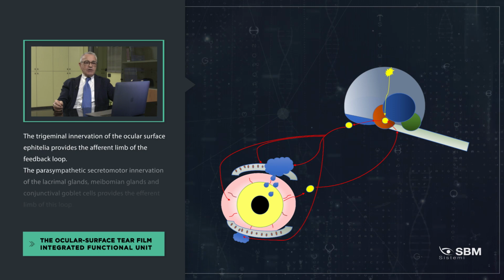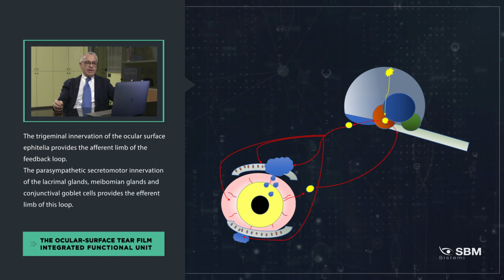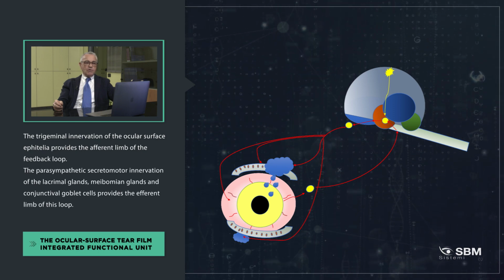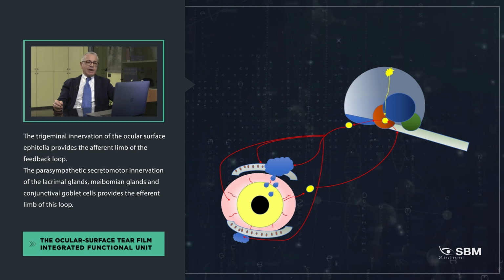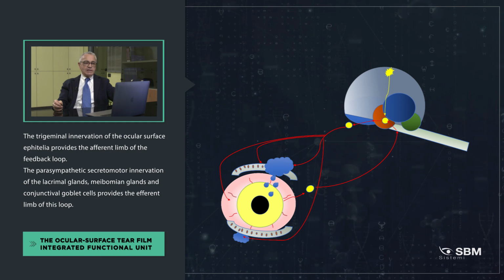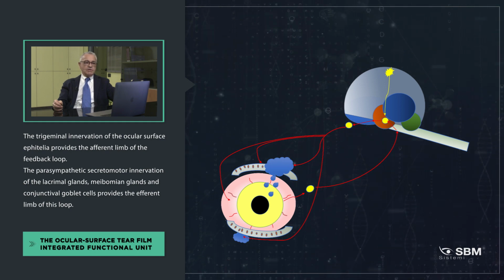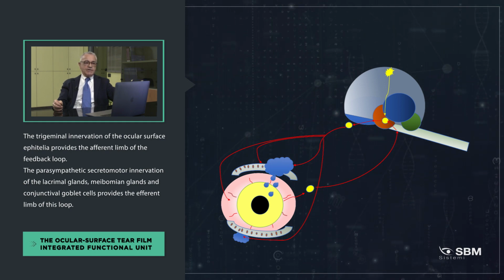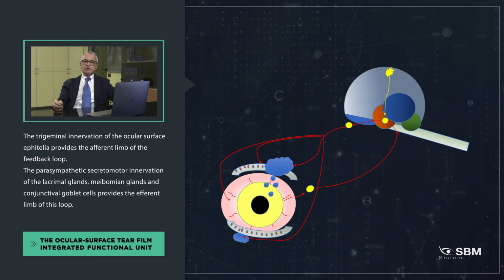The trigeminal innervation of the ocular surface epithelia provides the afferent limb of the feedback loop. The parasympathetic secretomotor innervation of the lacrimal glands, meibomian glands, and conjunctiva goblet cells provides the efferent limb of this loop.